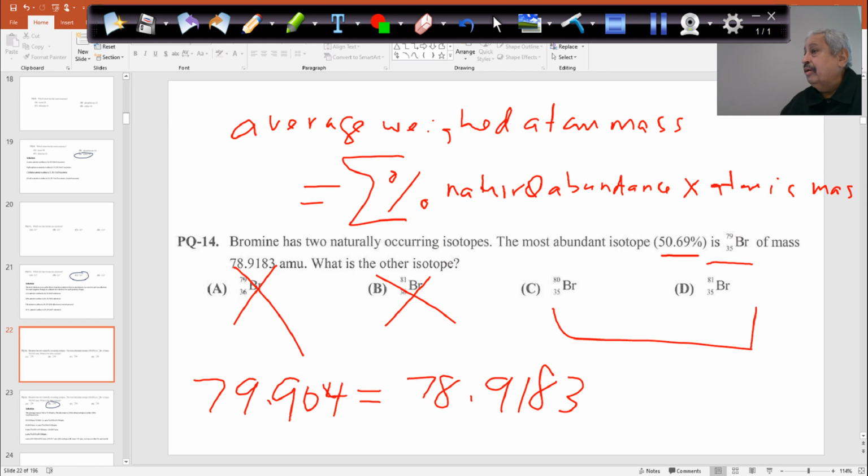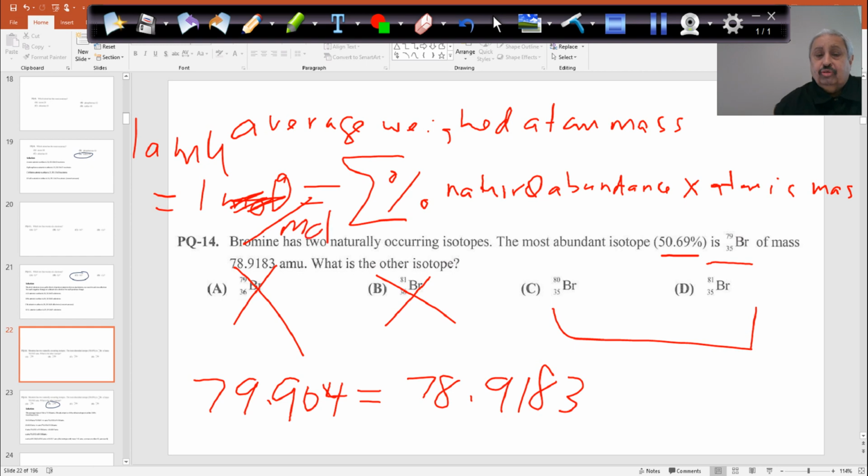I prefer to use gram per mole because in stoichiometry we don't use atomic mass unit, we use gram per mole. 1 amu is 1 gram per mole.